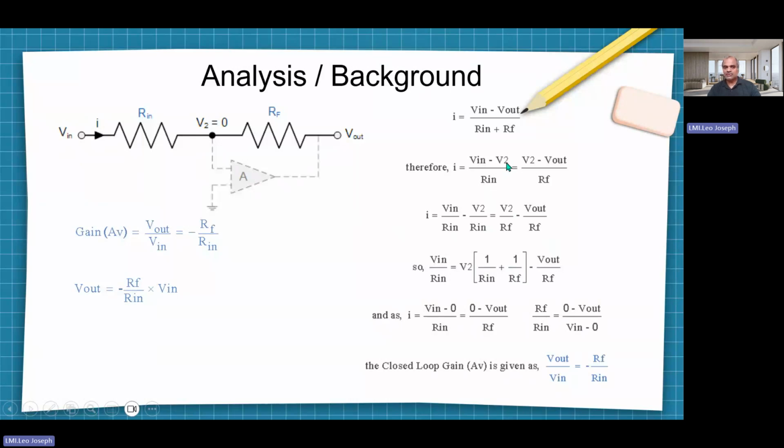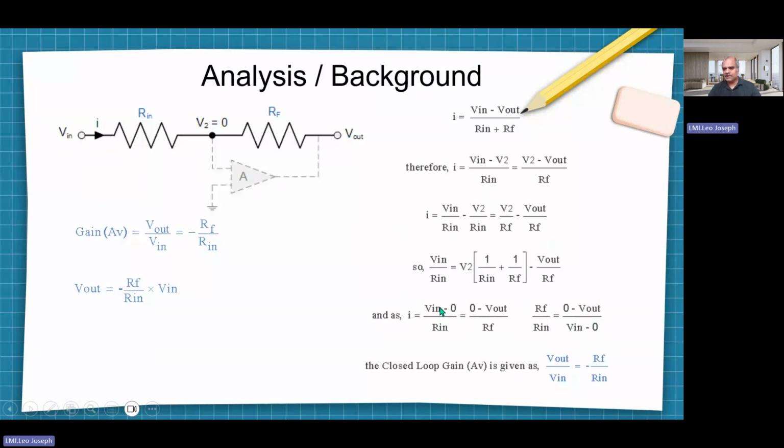V2 is directly 0, so I can substitute V in minus 0 by R in equals 0 minus V out by RF. So what I can get is RF divided by R in, equal to 0 minus V out divided by V in minus 0. You can transfer V in to this side, and this will come down.